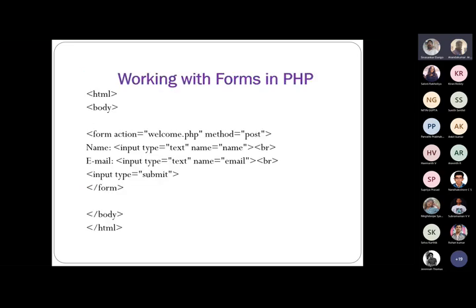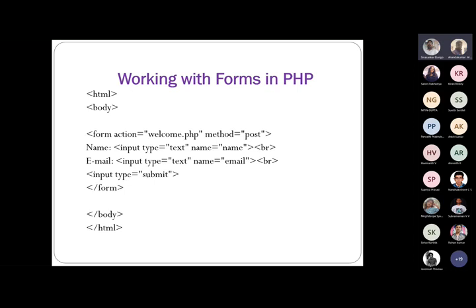Generally we'll be designing a form like this. For example, if I perform a railway reservation, then we need to know the name of the passenger, age, source, destination, and so on. Mostly you'll be using input type equal to text to create a text box, and for every text box you need to have a corresponding name. The first text box here corresponds to name, and the second text box corresponds to email.